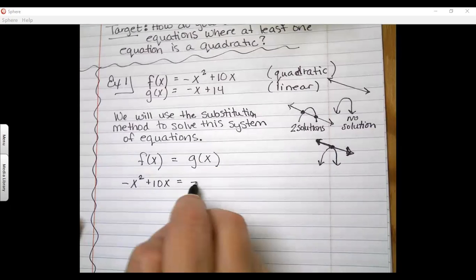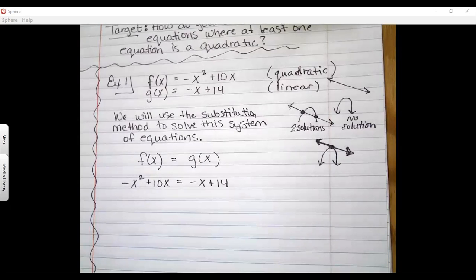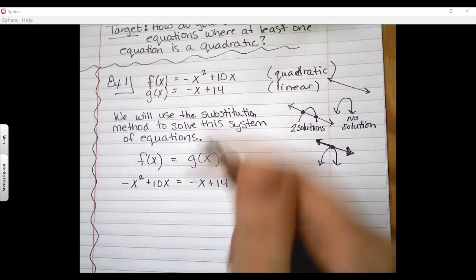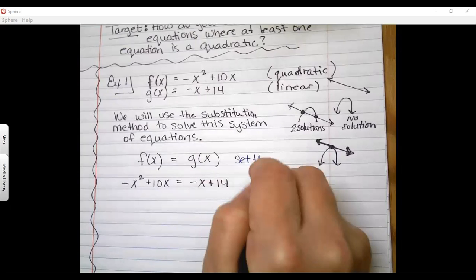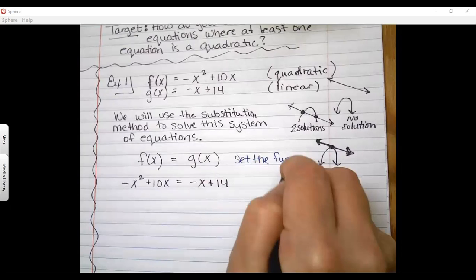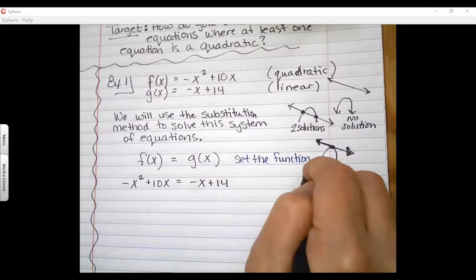We could have also done this with linear equations, if they were both like, say the y was isolated in both of them, and we did that sometimes. We did the same thing. We also use substitution, elimination, and graphing. We're just going to use the substitution method. Okay, so once you set the functions equal to each other, let's make some little notes. Set the functions equal to each other.